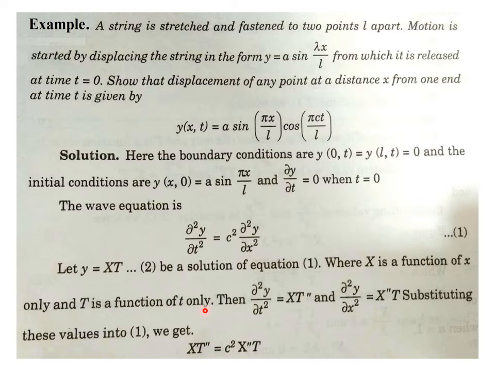By doing that, the second order partial derivative ∂²y/∂t², meaning partial differentiation of y with respect to small t 2 times, will provide us capital X, which is to be treated as constant there, into T double dash, which is d²T/dt², the ordinary derivative of second order of capital T with respect to small t, because in this case partial and ordinary derivatives become similar.